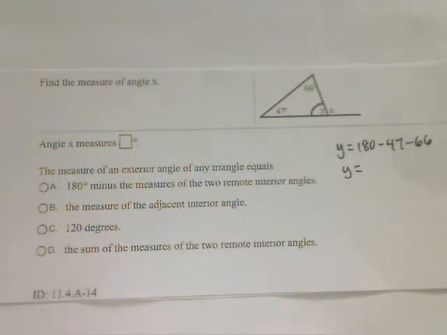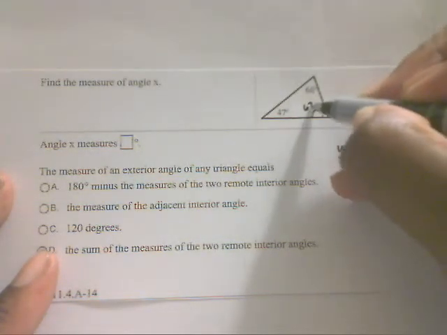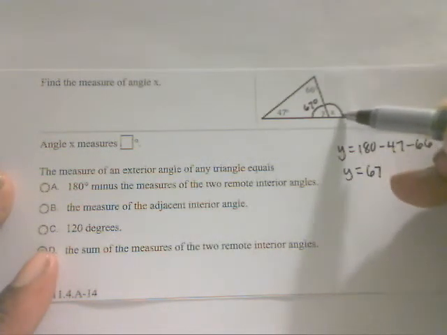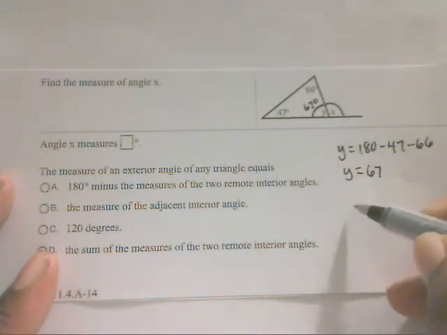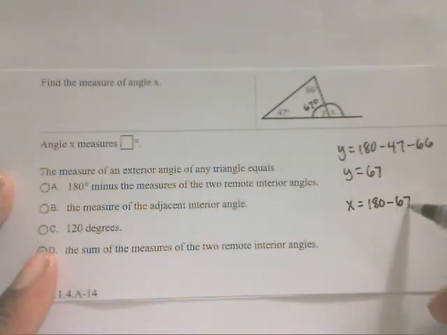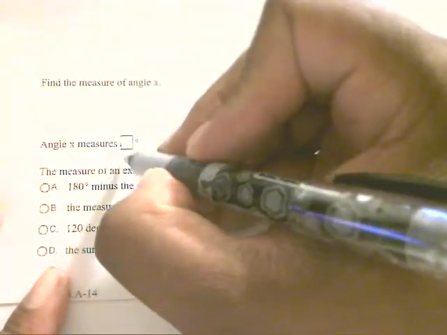So 180 minus 47 minus 66 is 67. So angle Y has a measure of 67 degrees. Now let's compare angle Y and angle X. Both angle Y and angle X form a straight line. And in a straight line, that angle measures 180 degrees. So to find X, you're going to do 180 minus 67, which will give you 113. So angle X has a measure of 113 degrees.